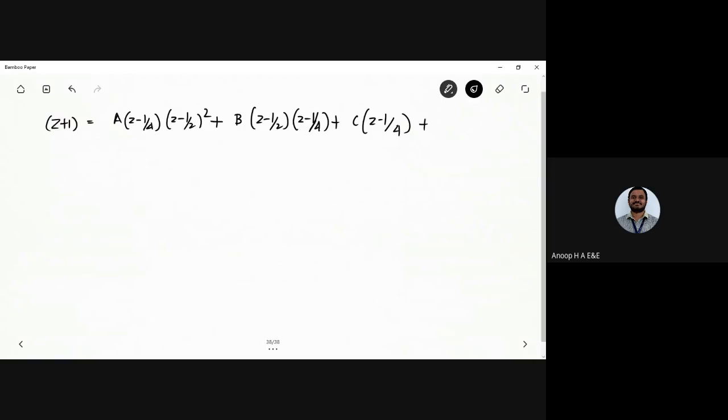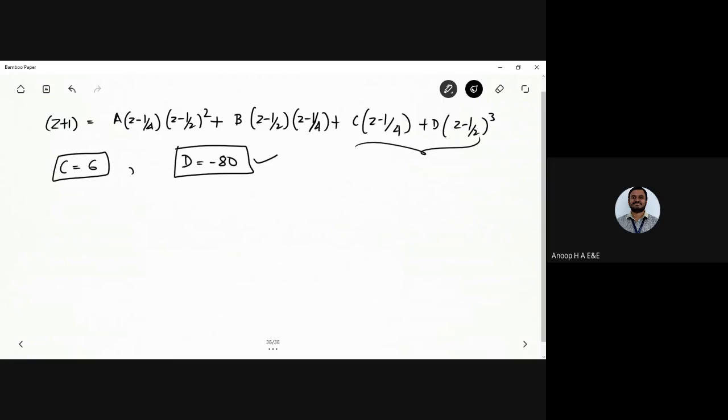You can find C and D quickly. I'll directly write the answer. C would be equal to 6, you know the method, and D would be equal to minus 80. By the partial fraction method, the C value is 6 and D is minus 80.